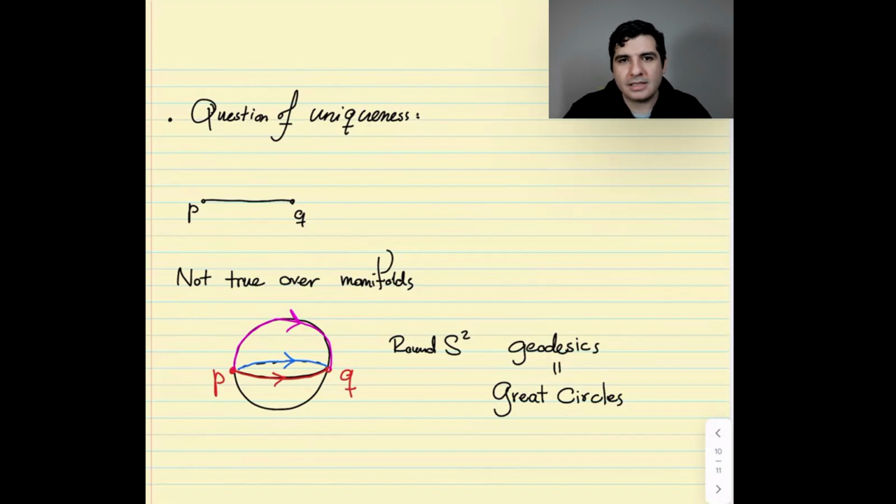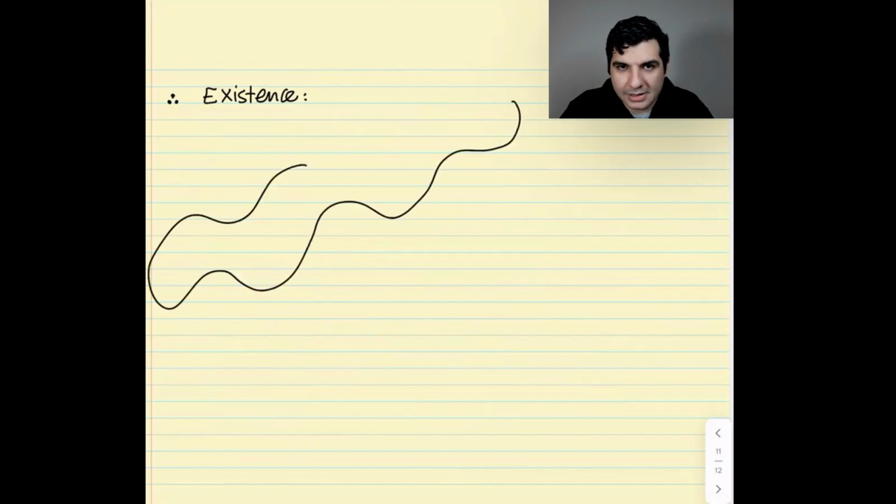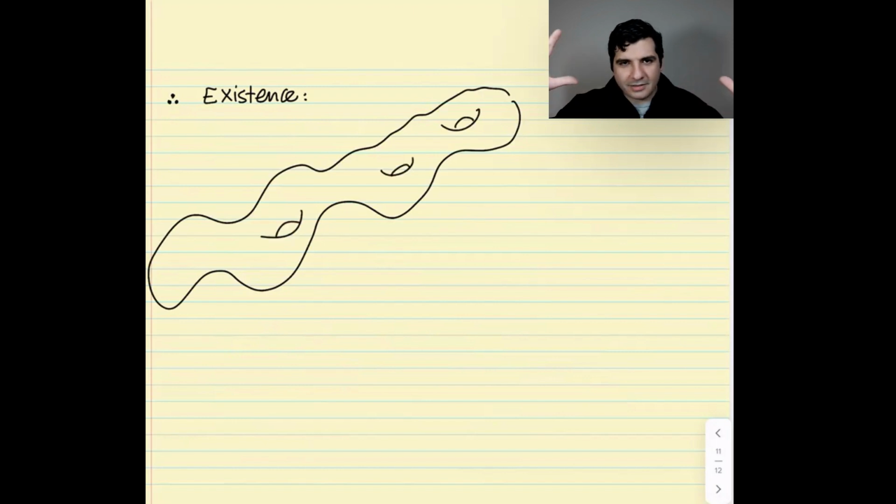Okay, great. With this understanding, let's get back to the problem of existence, the essential, important problem for geodesics. As I said, if your manifold is complete, this is a correct statement. Schematically, this is our manifold, the surface with genus 4, let's say. P and Q are two points. They can be very far from each other. The question is, is there always a geodesic, being the shortest curve, connecting P to Q?